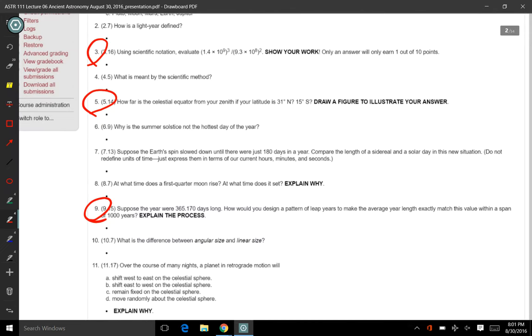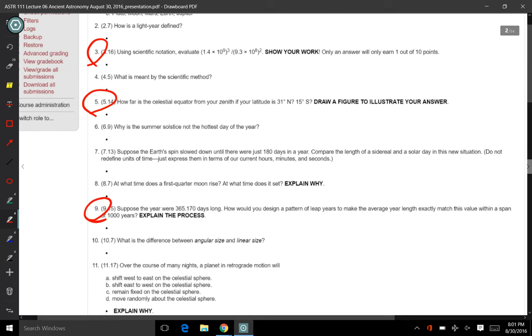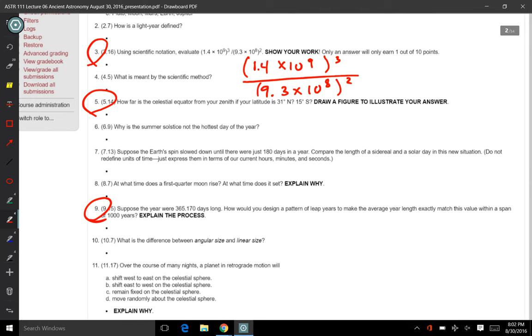So using scientific notation, evaluate this calculation. It's already shown in scientific notation for us, right? Because it says to do it in scientific notation, I assume they want me to do something a little special with it.